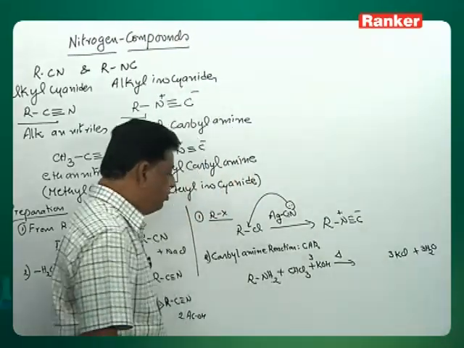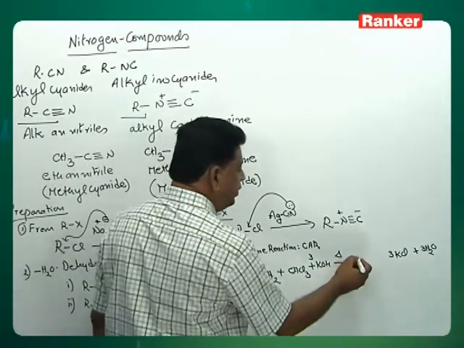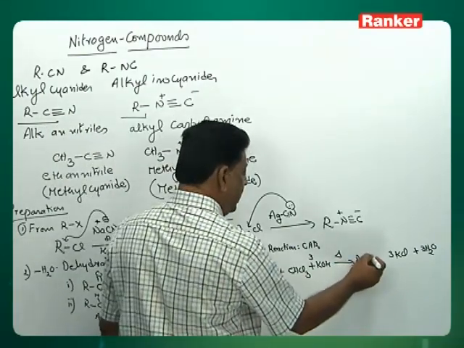Then what is left over? R with N here, carbon here, these two will join, and you will get RNC.